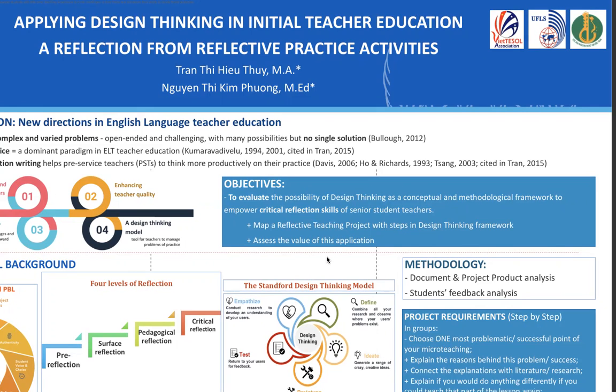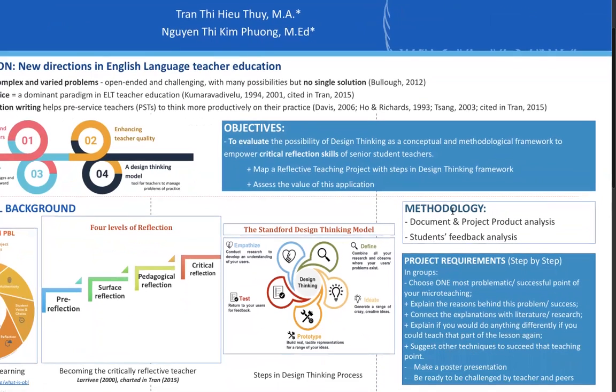So how do we do that? We do this kind of evaluation by firstly mapping a reflective teaching project that the senior student teachers have to do with the steps in the design thinking framework. And then we assess the value of this application by conducting analysis of related documents as well as project products.